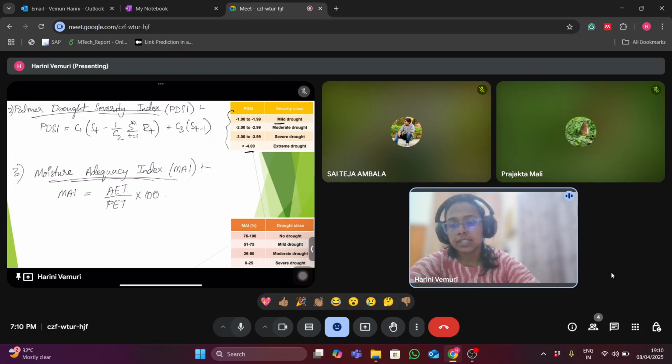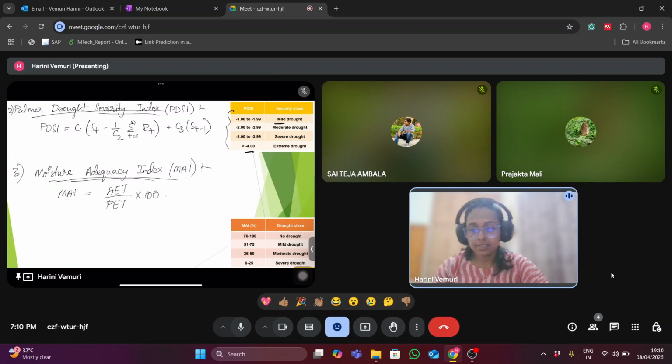For large areas, the soil water balance approach is used to calculate the AET. PET we can calculate as we have seen in earlier studies. So AET only we have to calculate, either by observations, or from the soil water balance approach, or using temperature as input.